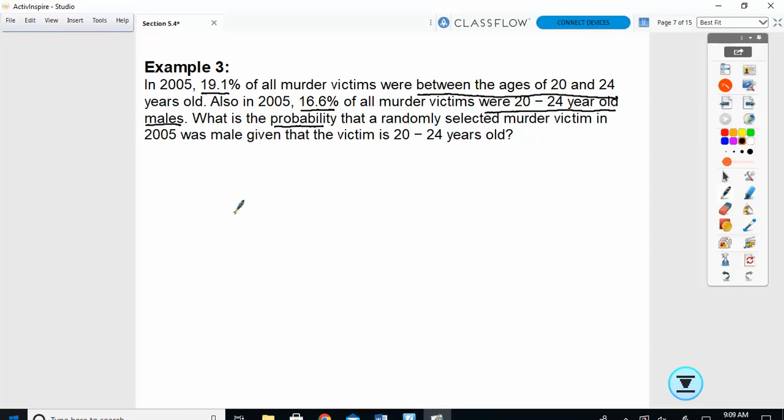I am asking for the probability that the victim was male, given they were 20 to 24 years old.